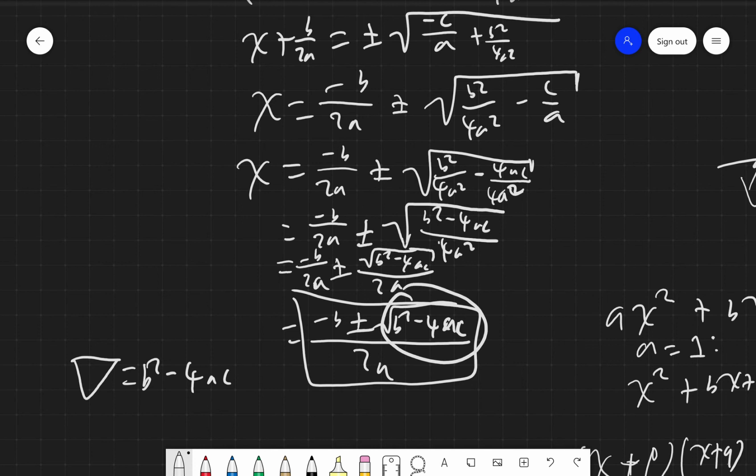So if this discriminant is greater than 0, less than 0, or equal to 0, we can use these three cases to define our solutions.